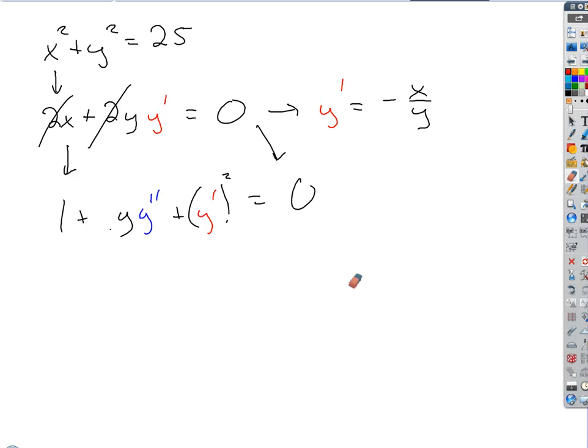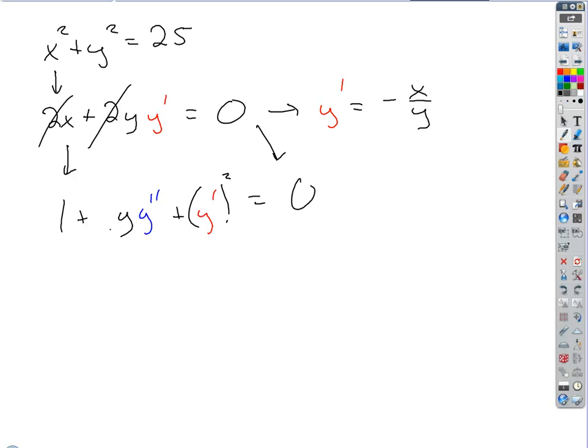And so we're now just trying to isolate y double prime. What are the steps to get y double prime by itself? Just algebra. I'm going to subtract away this stuff and divide by y. Everybody agree?